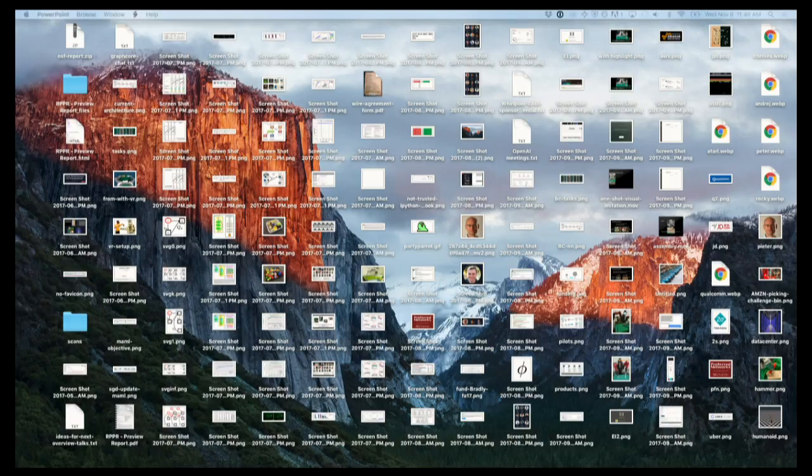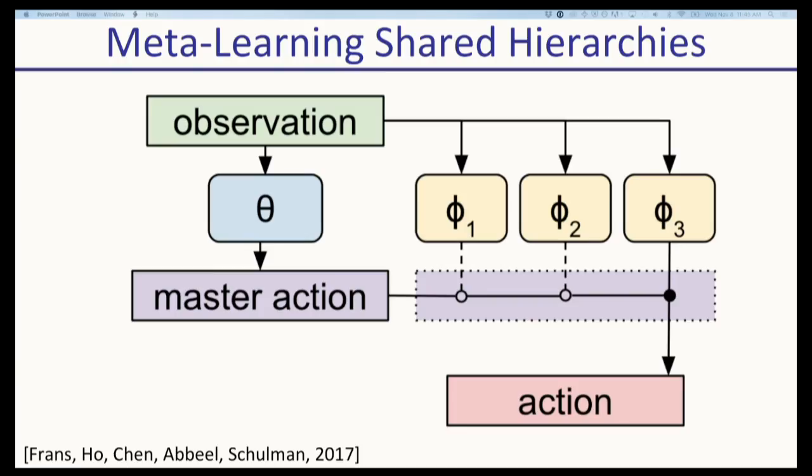And then what you could do is let the low-level policies run for 100 time steps. So you make one master-level decision. The low-level policy runs for 100 time steps. Then you make another master decision, repeat, repeat, repeat. Now a 10,000 horizon problem becomes a 100 horizon problem for the master policy because of the factor 100 you get from the low-level policy executing for 100 steps every time.